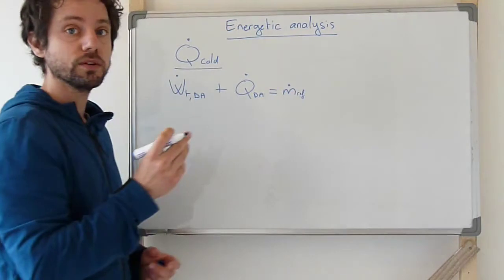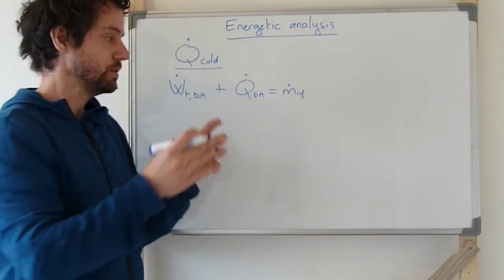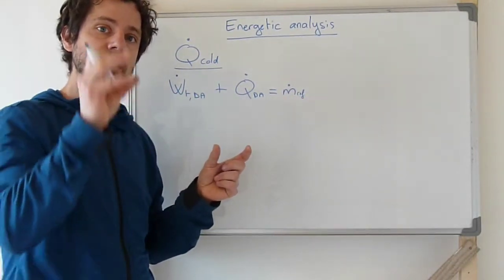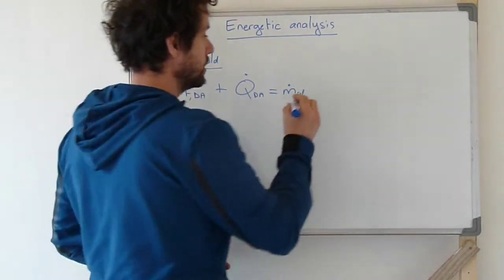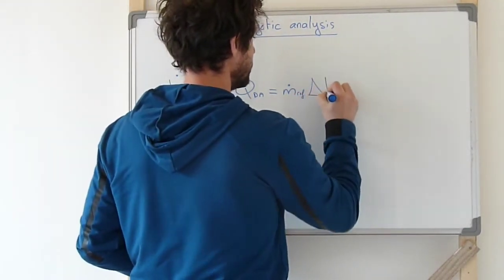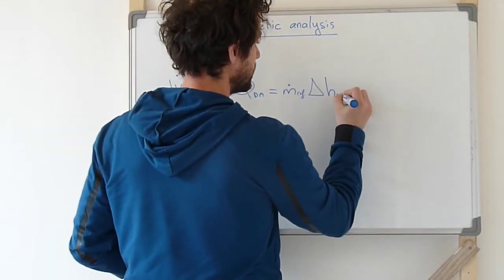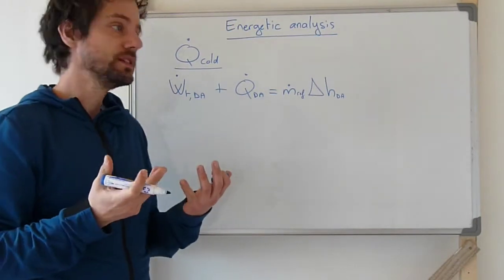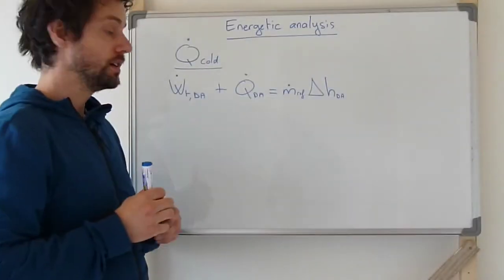Here we need to be accurate about this because in the heat exchanger we usually have two fluids. So here I'm speaking about the refrigerant that will do the transformation inside the machine, multiplied by the variation of specific enthalpy between point D and point A. So that's just the basic writing of the first principle of thermodynamics.